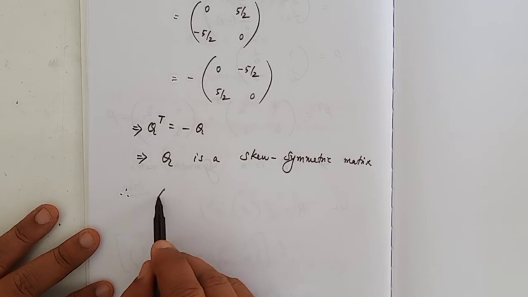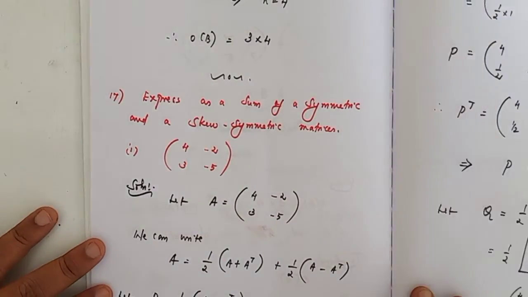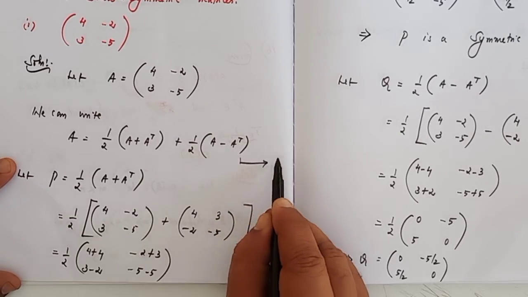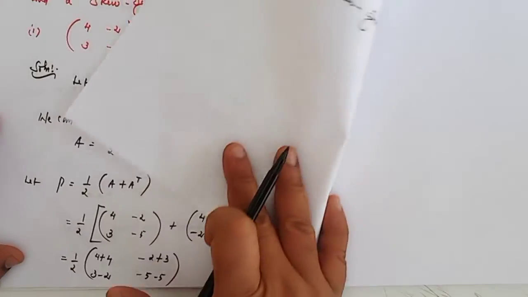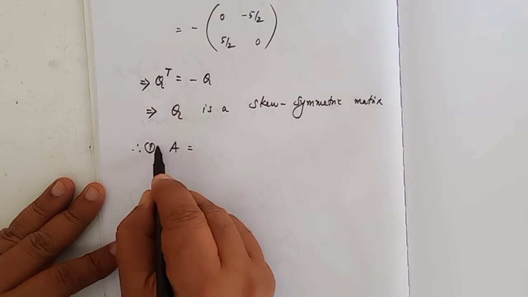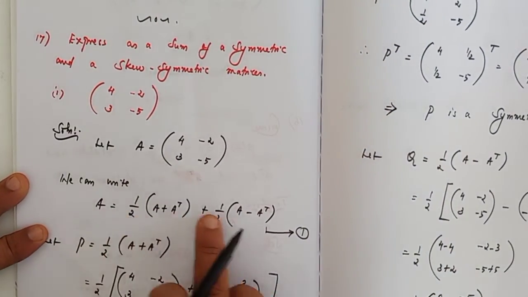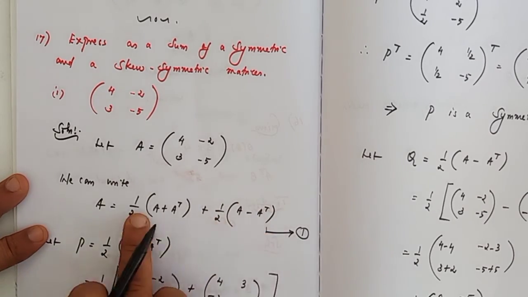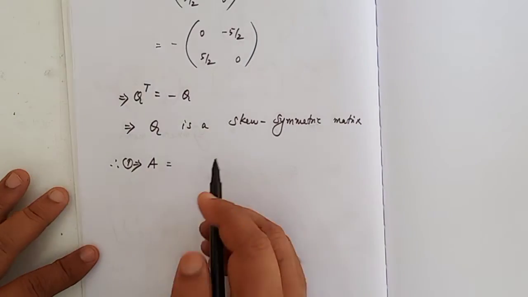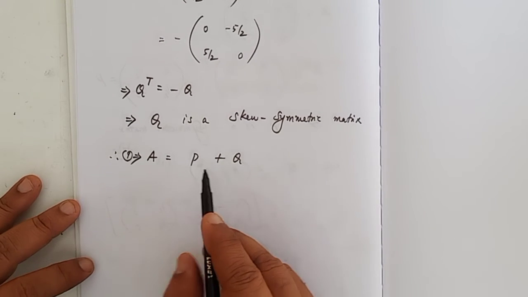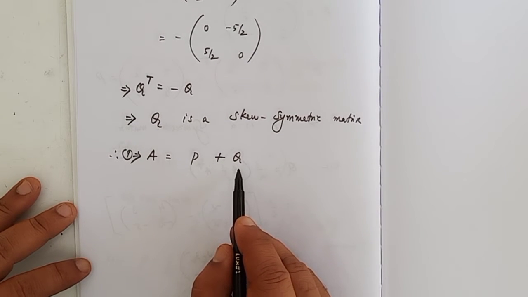Therefore A, look at that, equation number 1, let it be number 1. Equation number 1 implies, this one we consider as P, this one we consider as Q, A is equal to P plus Q. P is a symmetric matrix, Q is a skew symmetric matrix.